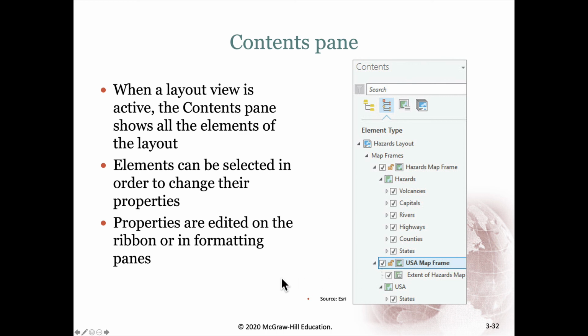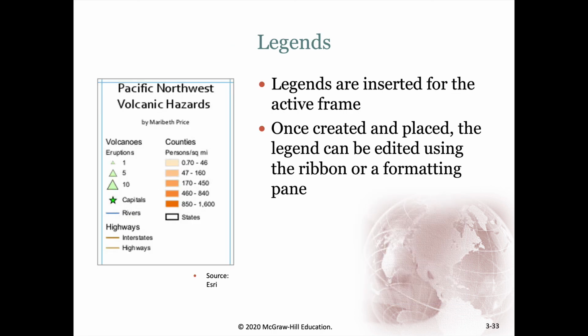You can select these elements to change their properties, and these properties are edited in the ribbon, or you can also edit them on the formatting pane. The legend is inserted for the active frame. So if you clicked on the frame showing the volcanoes, you would get a legend that includes everything in that map in your layout.